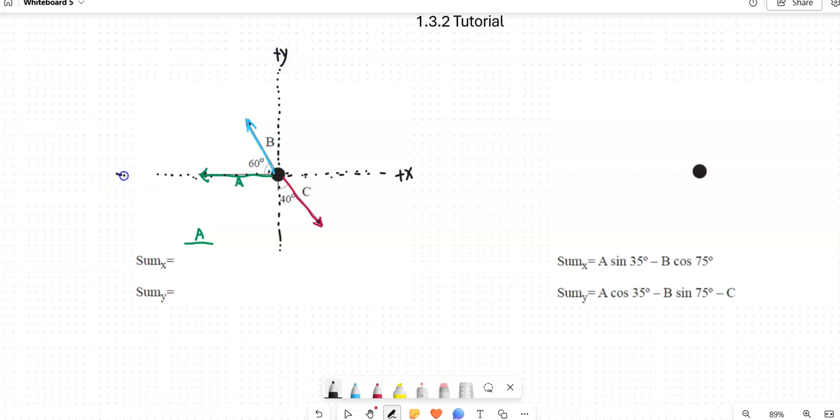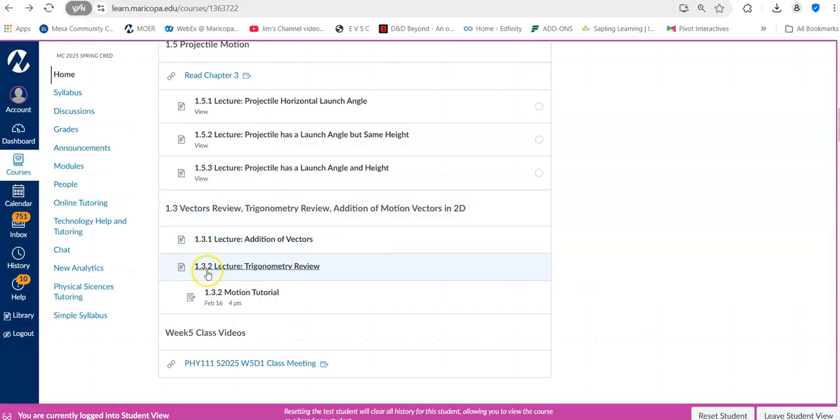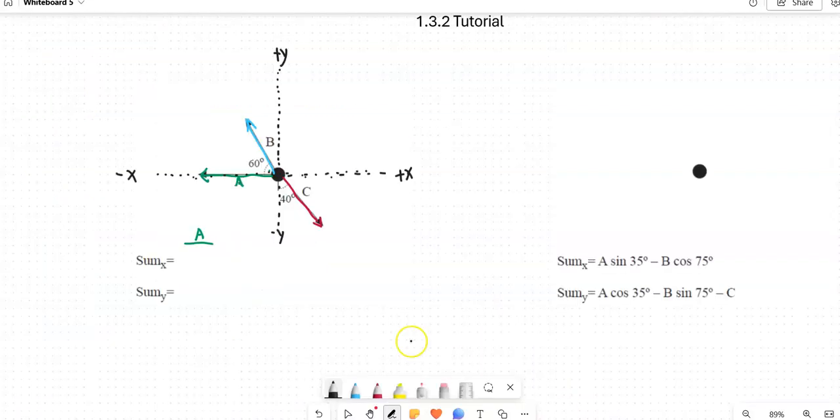Any vectors pointing to the left are in the negative x direction, and any vectors pointing down are in the negative y direction. Laying down a coordinate system is important because it helps you do the addition of vectors and your trigonometry. And again, I'm assuming that you have watched the 1.3.2 and 1.3.1 lectures.